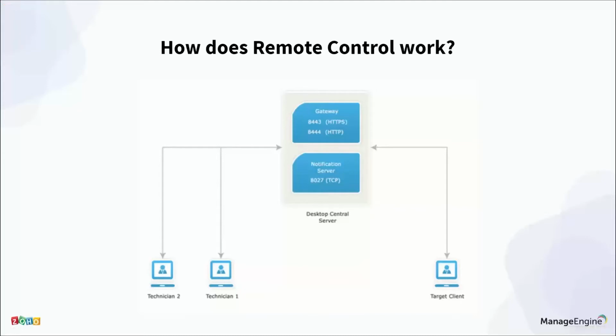So when technician 2 connects to the machine, this gateway component, which is listening on port 8443, will broadcast the same images, and it has the intelligence to identify the existing connection that John was already using. So this gateway component will share the required images to technician 2 and he can perform the required remote control activities.